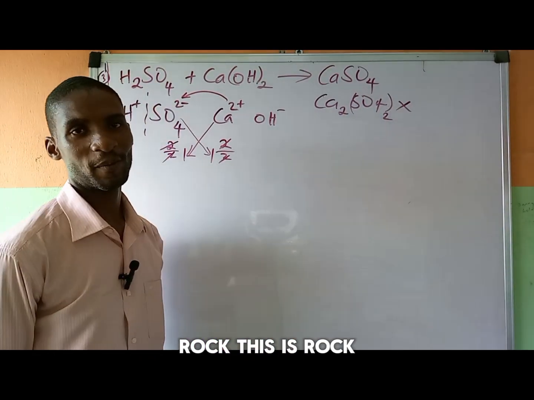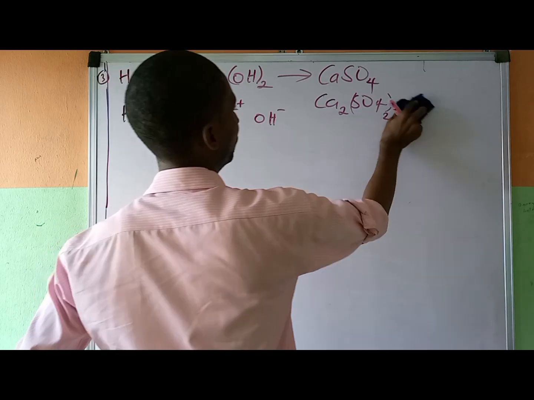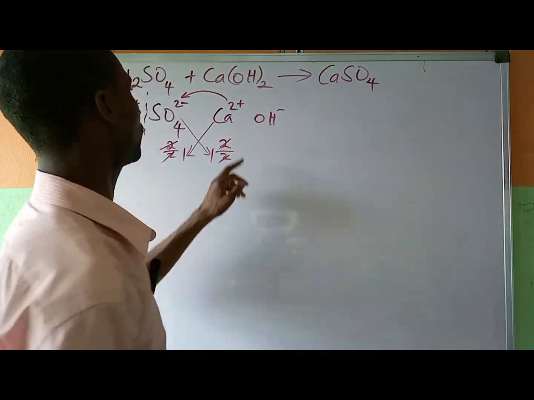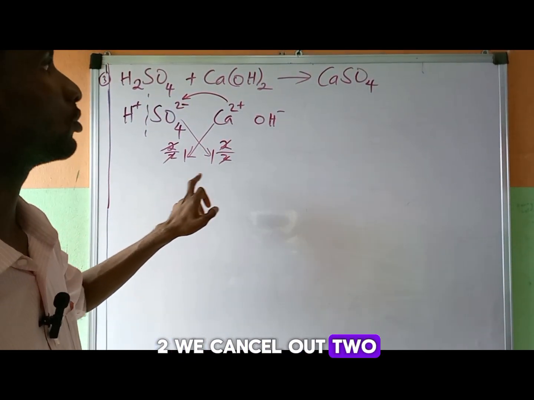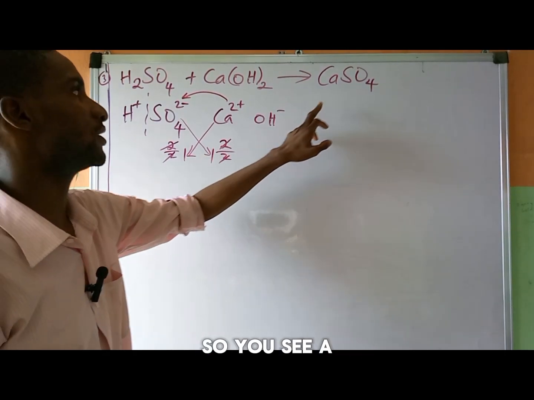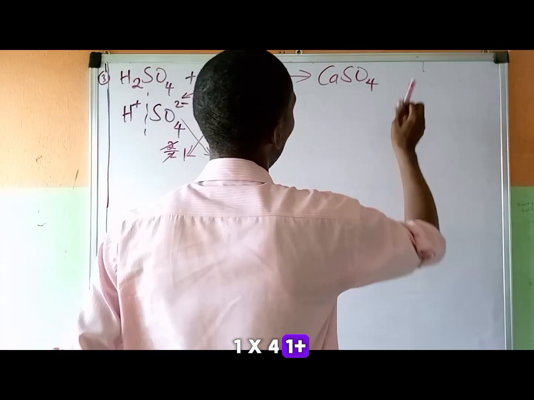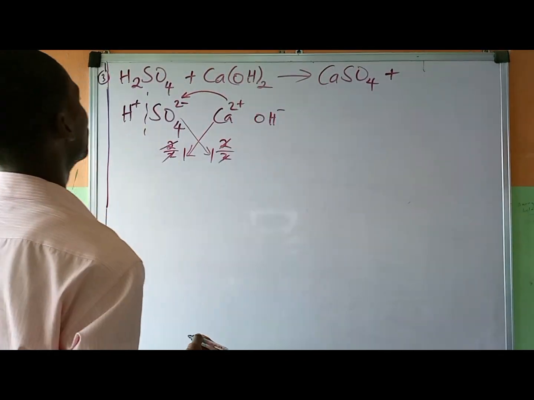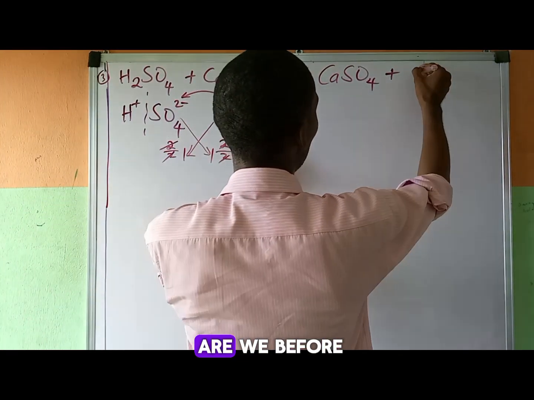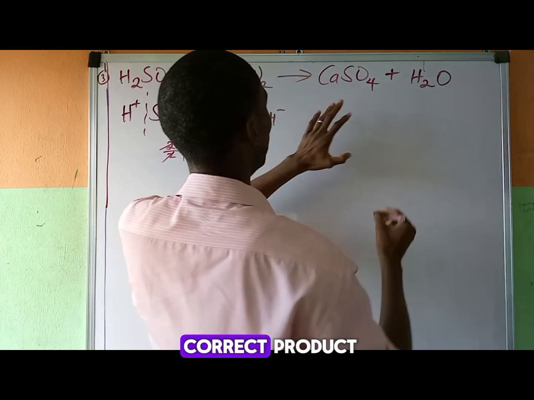This is wrong. The two values, 2 cancels out 2. So you have 1, 1. So it's Ca1SO4 1 plus, and then the water will be formed. So this is the correct product.